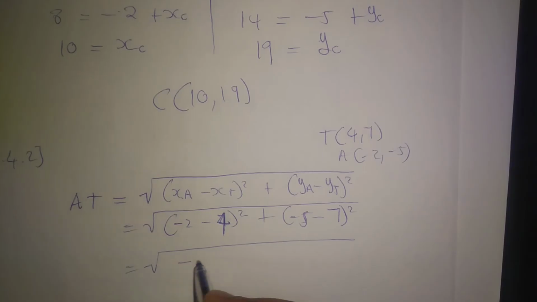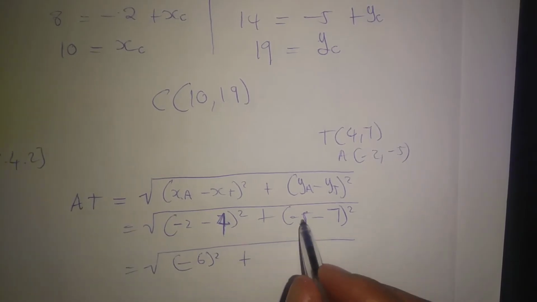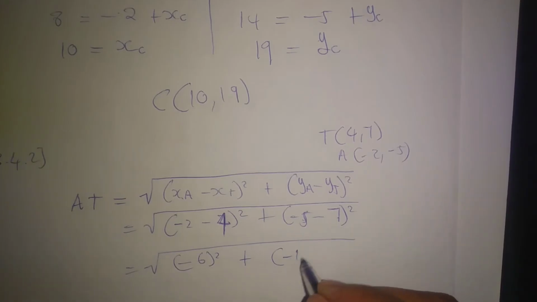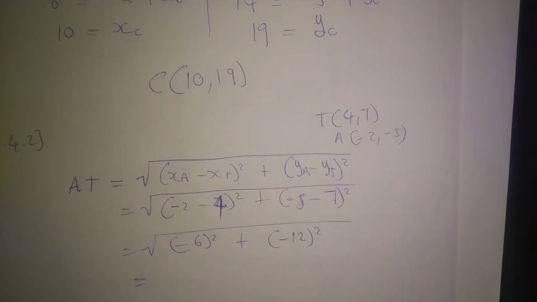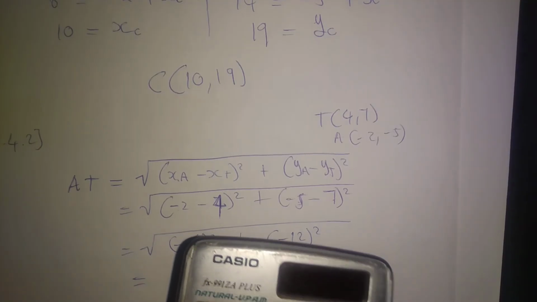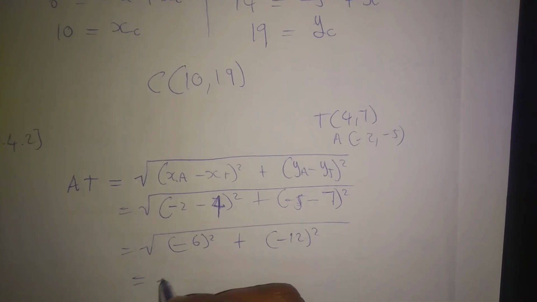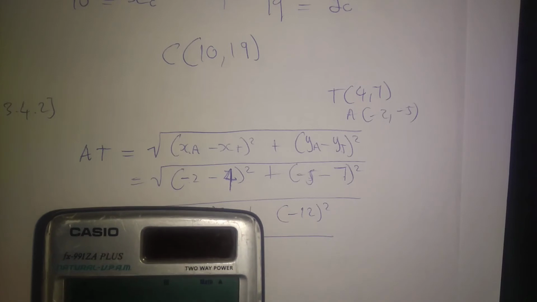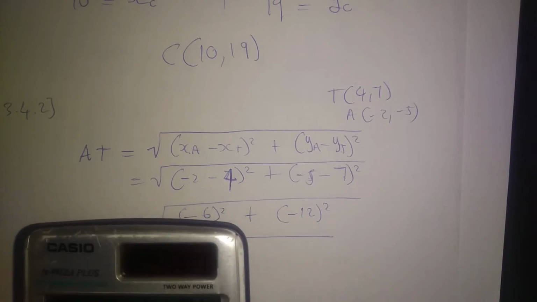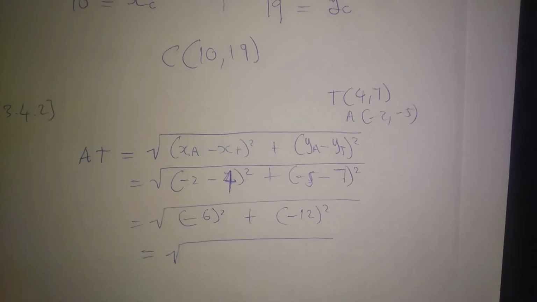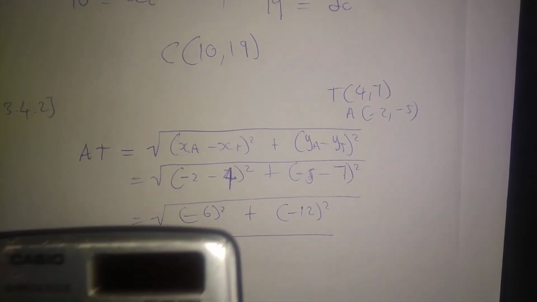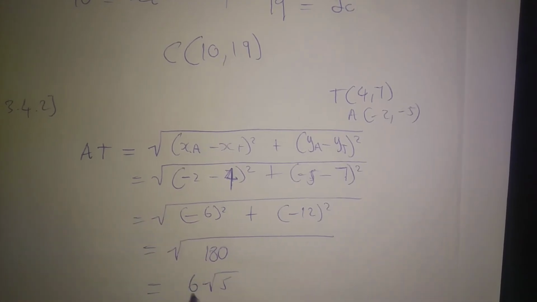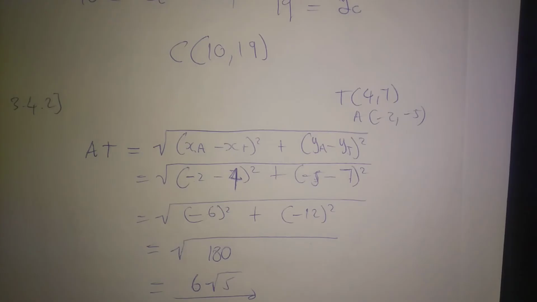So here it's minus 6 squared, minus 12 squared. Let me confirm, minus 5 minus 7 is minus 12. Okay, now I think on the calculator I put the value under the square root. So it's minus 6 squared plus minus 12 squared is equal to 180. The square root of 180 is 6 root 5. So now AT is answered.